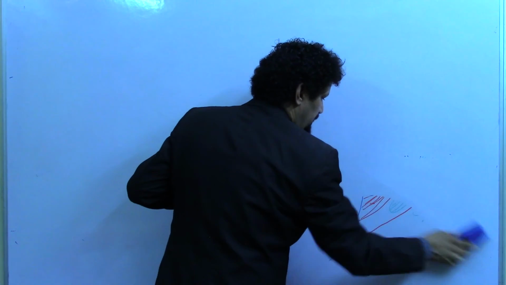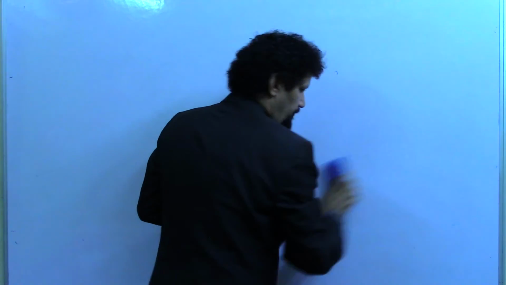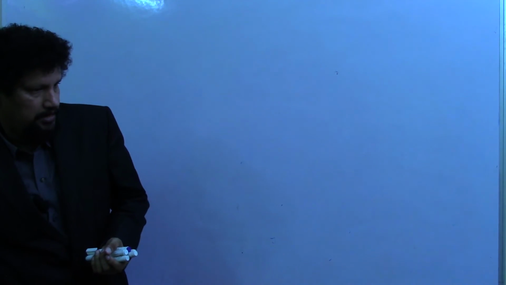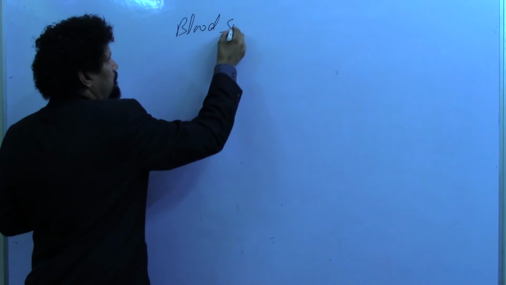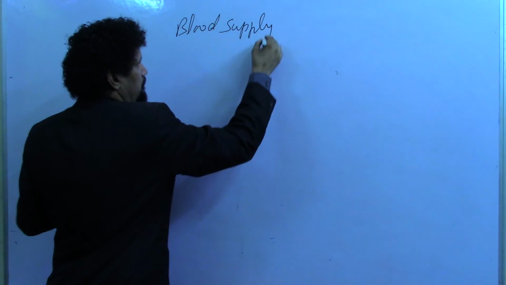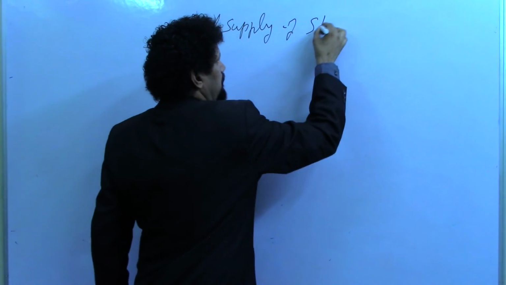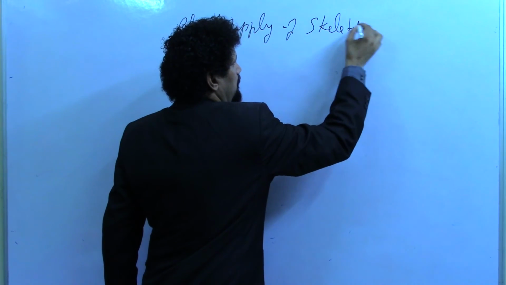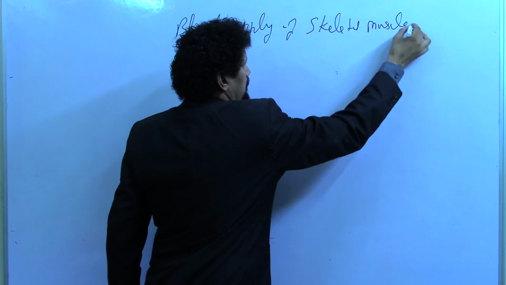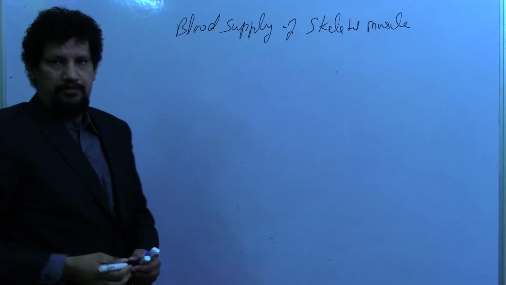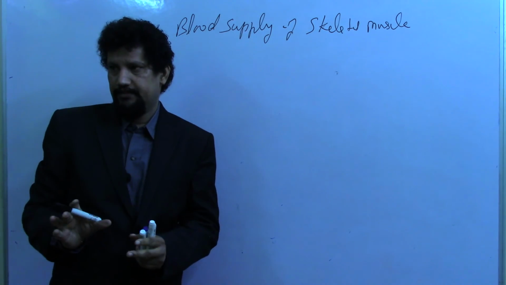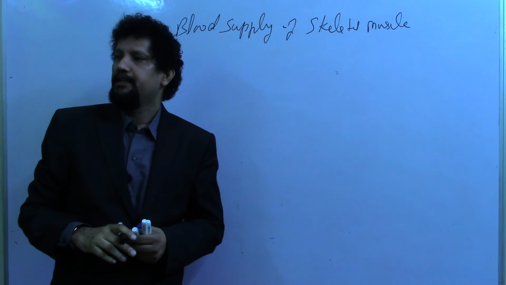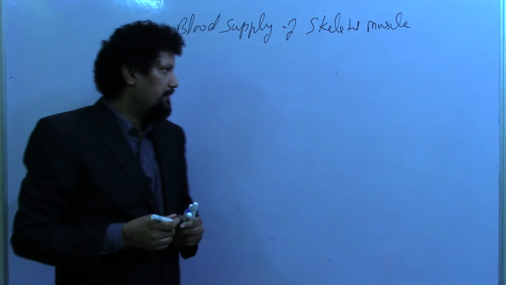Now I will talk about the blood supply of a skeletal muscle. Generally, a small muscle is supplied by a single artery and drained by two veins, but larger muscles are supplied by two and more than two arteries.